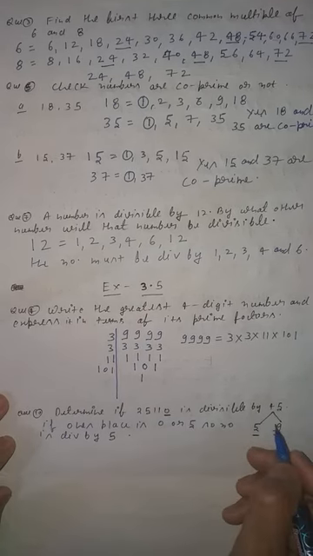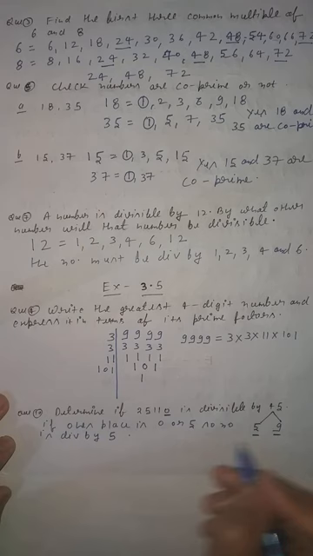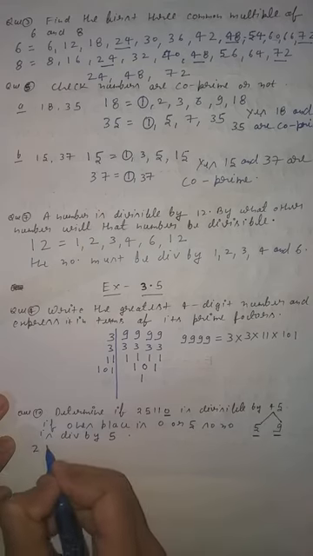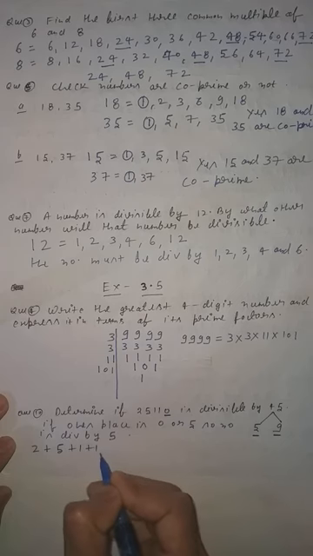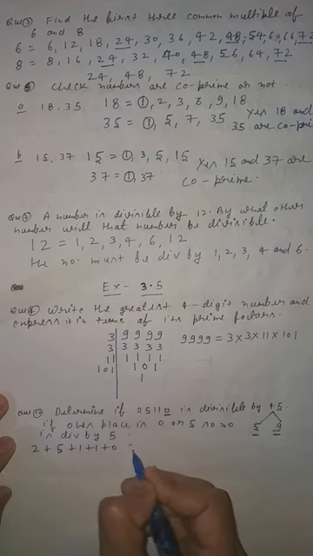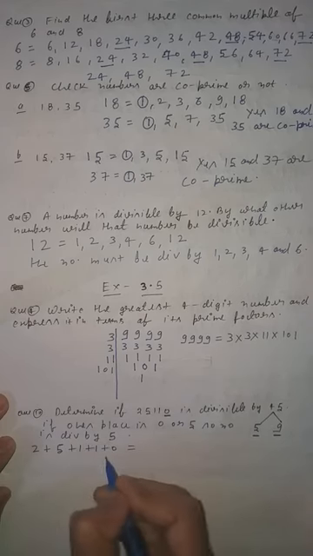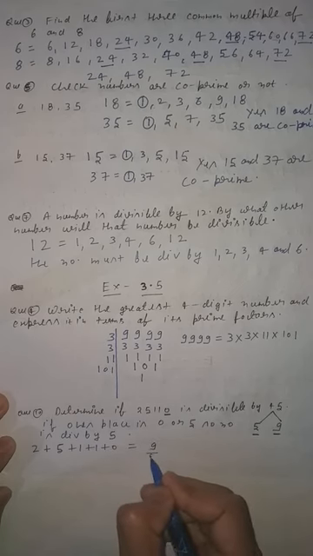And if you want to check the test of divisibility of 9, what will you do? You will find out the sum: 2, 5 plus 1 plus 1 plus 0. What is the sum? 5 plus 2 is 7, 8, 9. So 9 is divisible by 9.